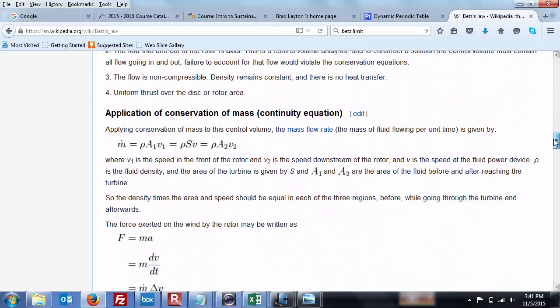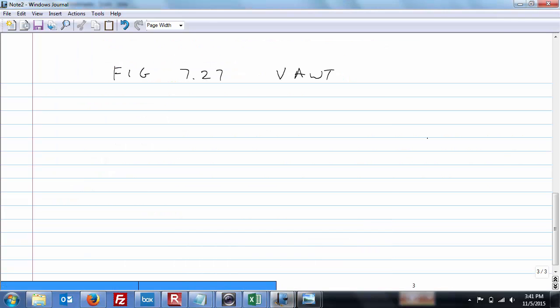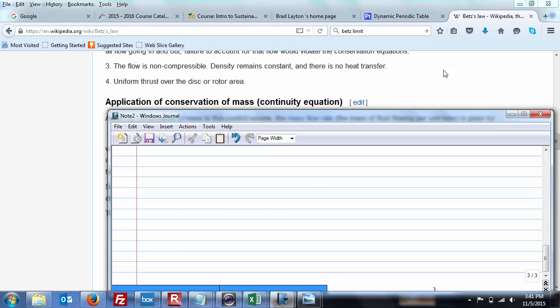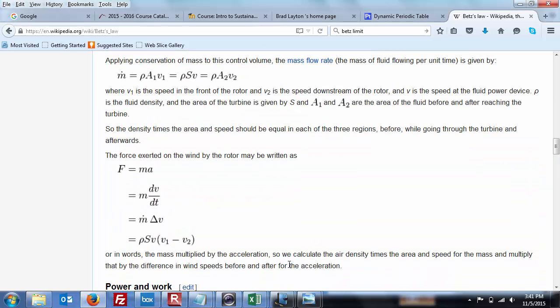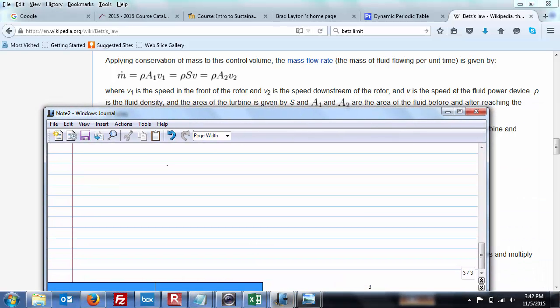So what he does, and I'll just follow along here with my own notes, see if I can get both things on the screen at the same time. What he does is, and again, I mentioned conservation of mass, so here it is.